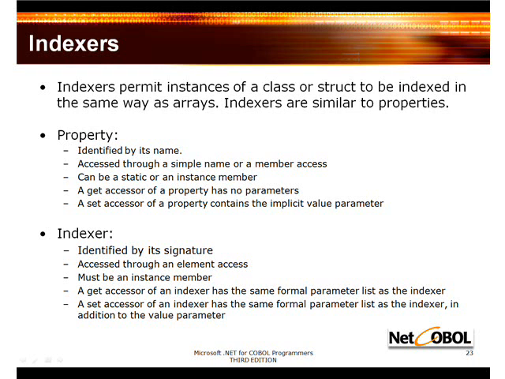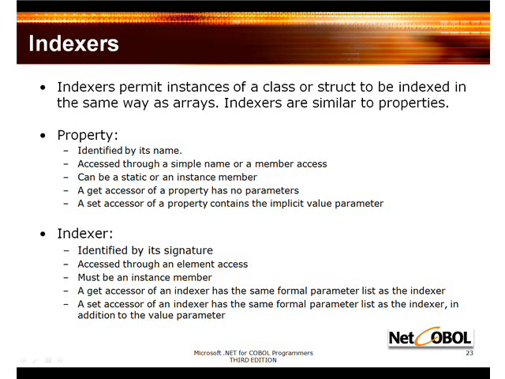Now, unlike properties, you are not obtaining a specific data member, you're obtaining a value from the object itself. An indexer is identified by its name and can be accessed through a simple name or a member access. Indexers can be static or can be an instance object.